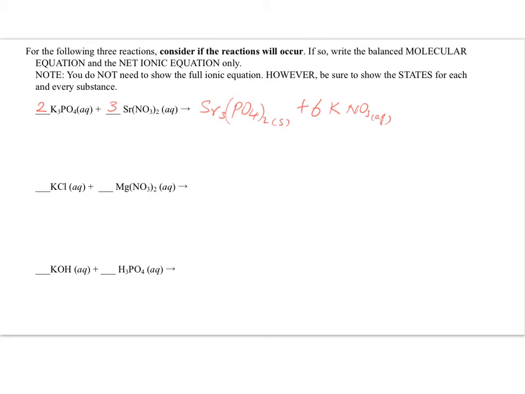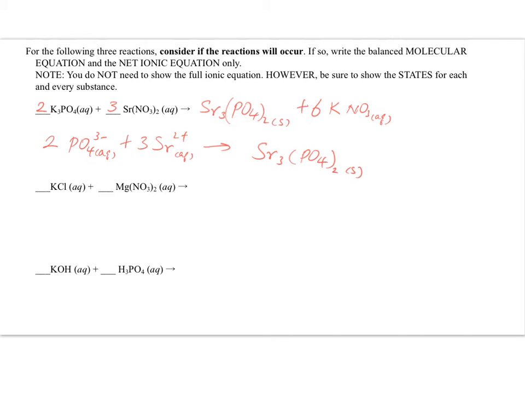As a result, what we have is 2 phosphate anions react with 3 strontium cations. We get our precipitate strontium phosphate, and that's for reaction 1: balanced molecular equation and net ionic equation.